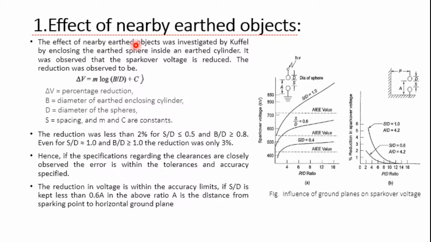This was investigated by Kuffel by enclosing the earth sphere inside an earth cylinder, meaning the earth object is placed onto the spheres. It was observed that the spark over voltage reduction is given as delta V equal to m into log of B by D plus C. This is a percentage reduction.